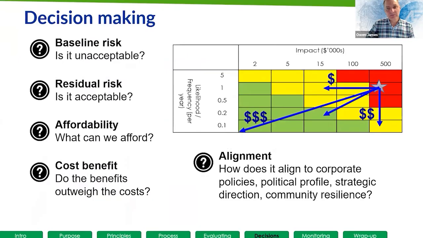So some fundamentals to think about to support decision making. Baseline risk. Is this a risk that you want to do something about? If the baseline risk is unacceptable, then yes. If the baseline risk is acceptable, then no, we don't want to do anything about it. Let's just leave it. Residual risk. If we reduce this risk, is it acceptable?